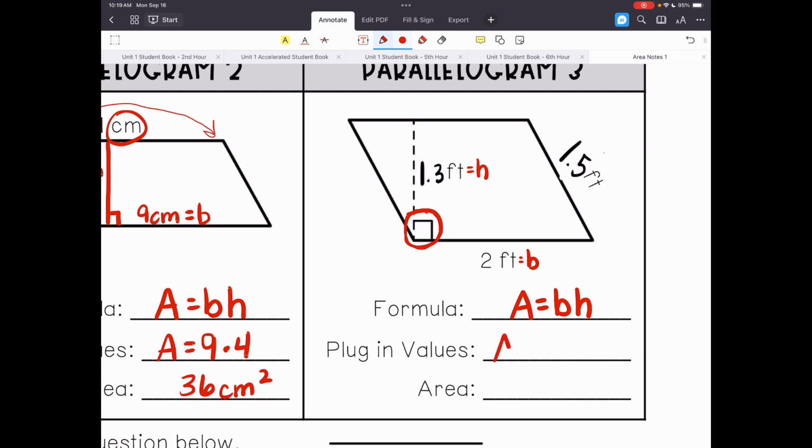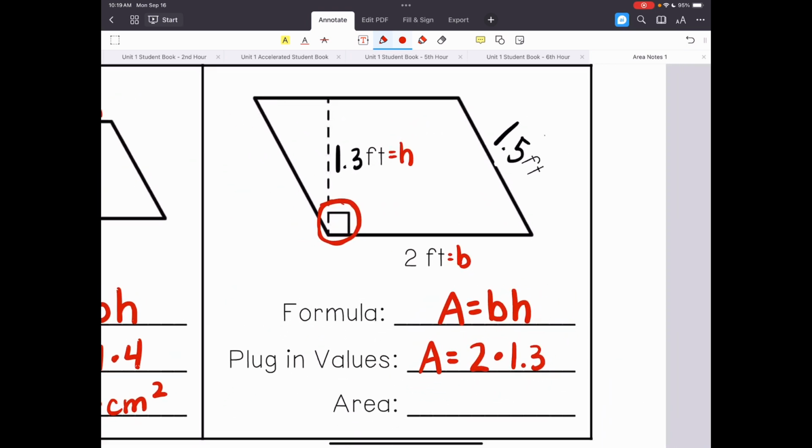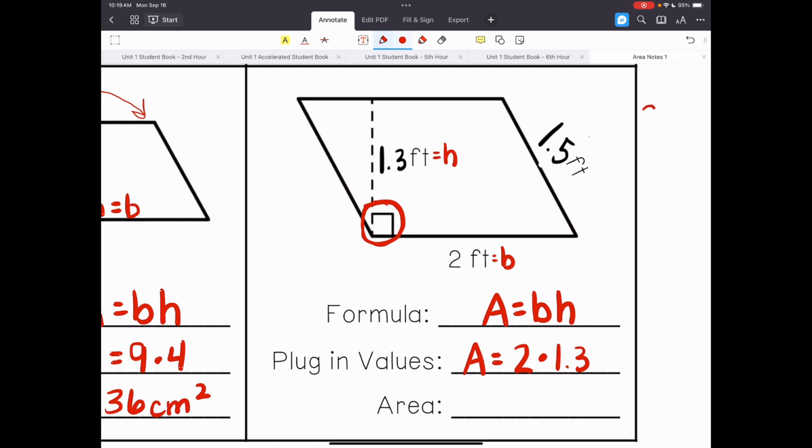So let's plug that in. Area equals 2 is my base times 1 3/10 is my height. But again, I have to set that up as a 2 by 1 digit multiplication. So I'm going to put the 1.3, more digits on top, times 2. We're going to ignore the decimal again. So 2 times 3 is 6. 2 times 1 is 2.